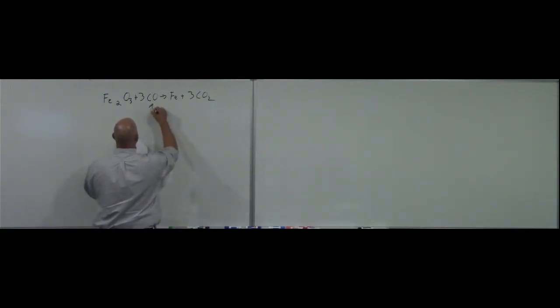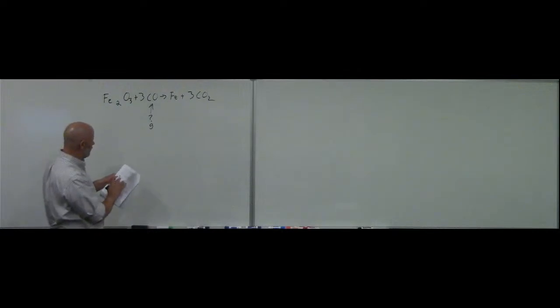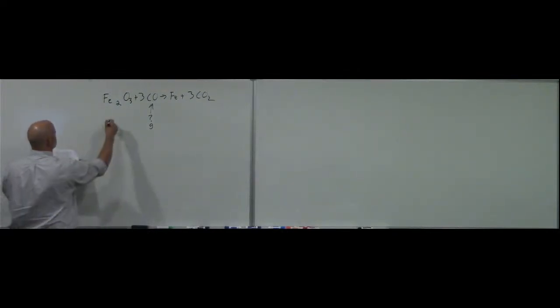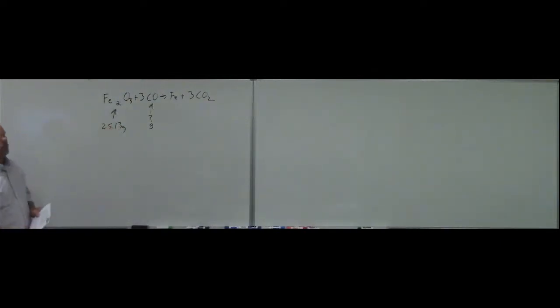Let's go back to our question. What mass of carbon monoxide, so it wants this in grams, right, is required to react with 25.13 grams of this? Okay. Where would I begin?